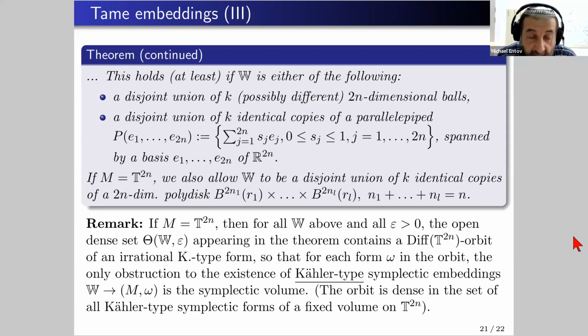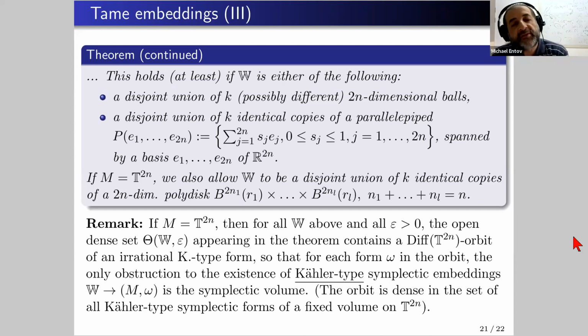That's what's written here. And in the torus case, you can also let W be this disjoint union of K identical copies of a polydisk. A polydisk is the symplectic direct product of balls, and here the number of balls is L, and the cells can be arbitrary. Okay, so that's the existence result.